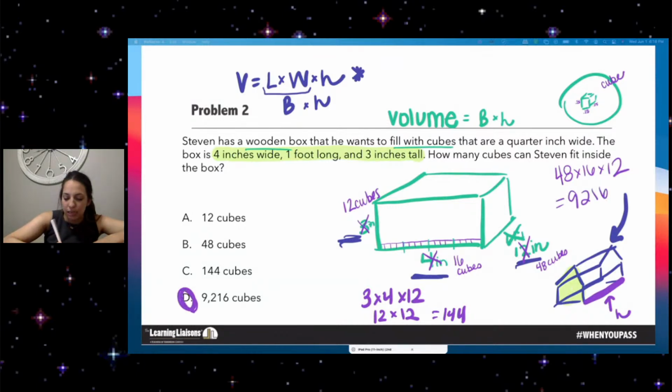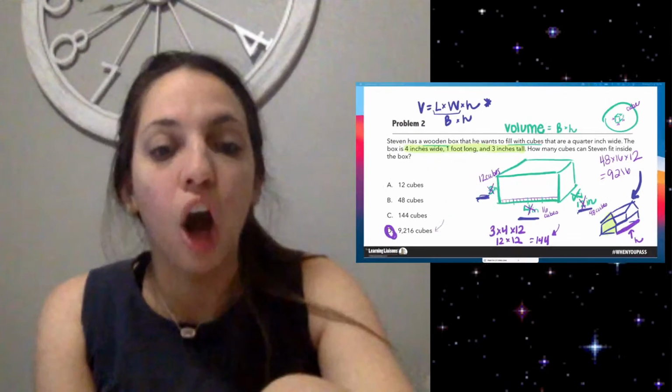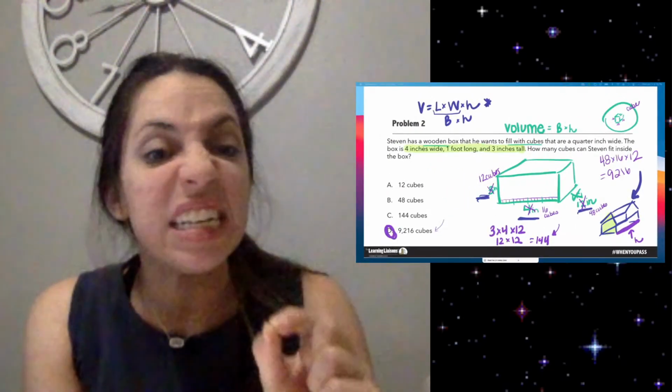Now, here's a test taking tip for everybody. Once I figured out that 144 was the wrong answer, I probably would have stopped right there and circled this as my answer. Why? Because I know that 1/4-inch cubes are small. They're teeny tiny.